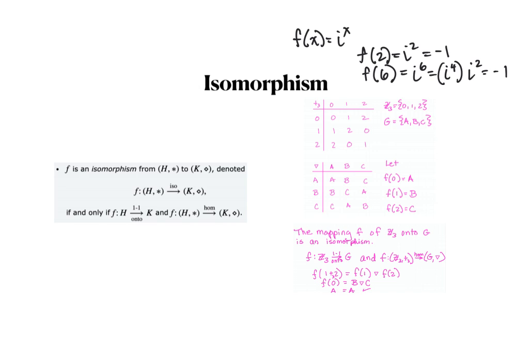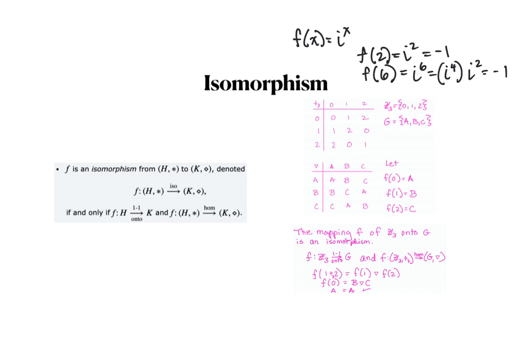But I have now defined two different functions and two different sets that do display isomorphism. My first set is the integers mod 3, which includes 0, 1, and 2, with mod 3 addition, and this is the table that results.